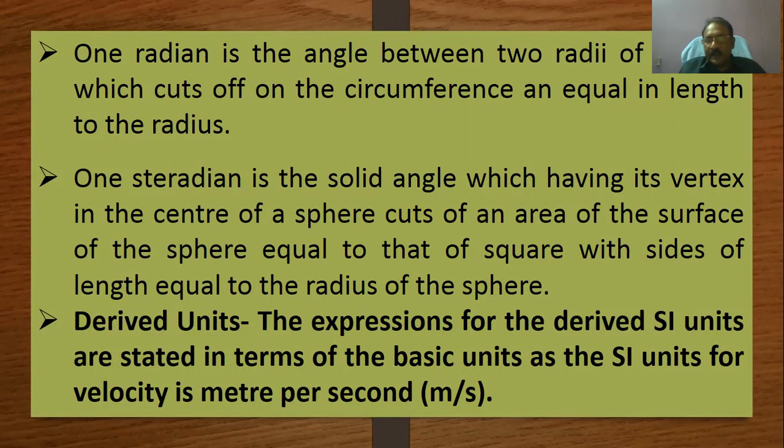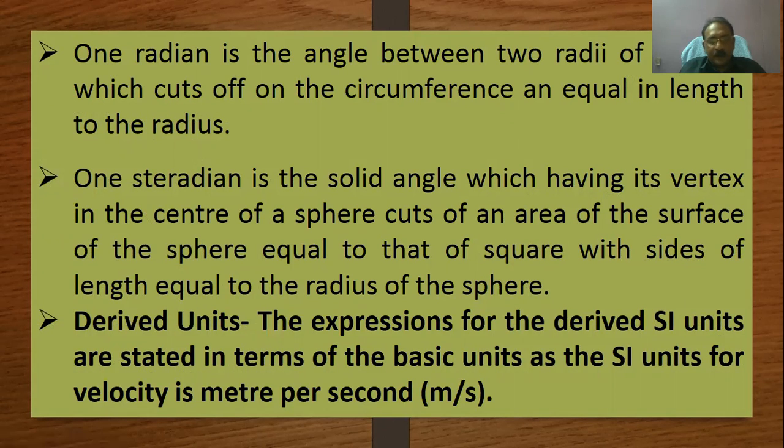It will cut an area of the surface of the sphere equal to that of a square with sides of length equal to the radius of the sphere. That is, the square's width is equal to the radius of the sphere.